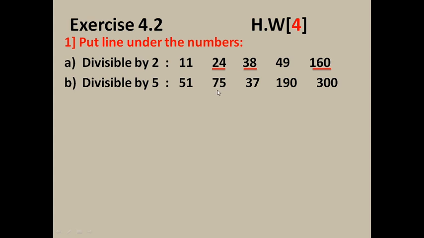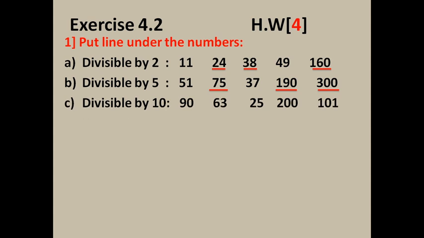No. Here 75, yes, so 75 is divisible by 5. 37, here 7, no, it is not 0, it is not 5, so it is not divisible. But here look, 190, yes, it ends with 0, so it is divisible by 5. And here also, yes, 300 is divisible by 5 because it ends with 0.